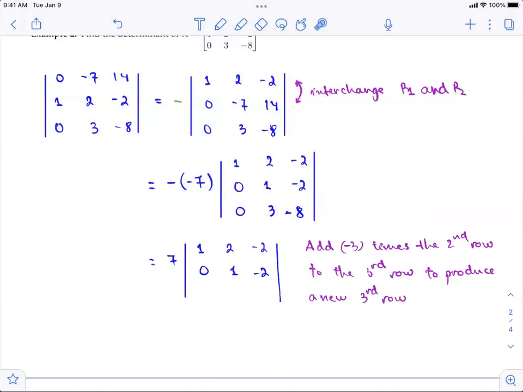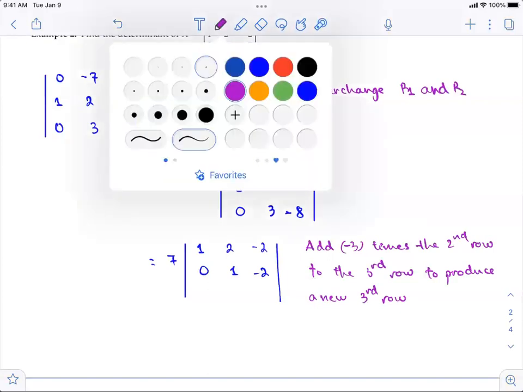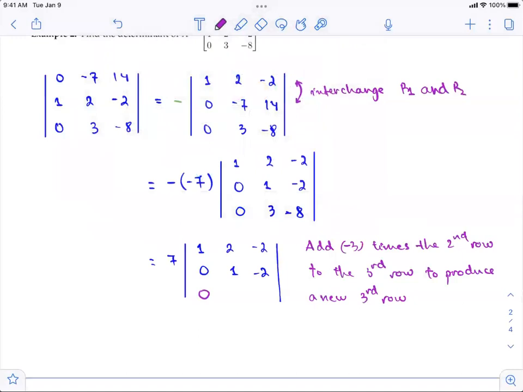So -3 times 0 added with 0 becomes 0. So now -3 times 1 is -3, add this with 3 becomes 0 as well. -3 times -2 is +6. Added with -8 becomes -2. Even though we do this adding a multiple of a row to another row, there's nothing change in the determinant.